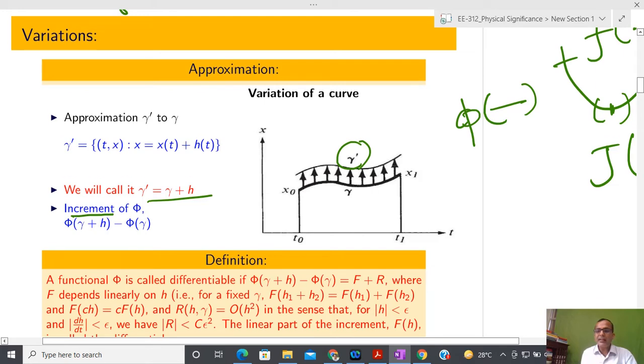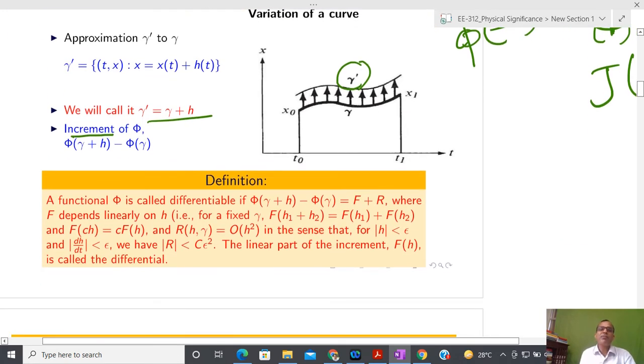Now the definition of the differential comes into the picture. This definition suggests that a functional phi, which means a function of a function, is called differentiable if phi of gamma plus h minus phi of gamma equals f plus r.